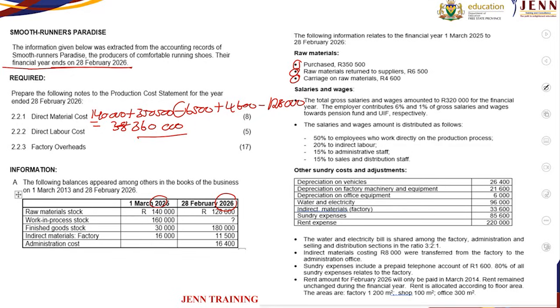Now, we need to move on to the next one, direct labor cost. For us to calculate the direct labor cost, we are going to go to information, bullet number salaries and wages, bullet number 2. It says there, the salaries and wages amount is distributed as follows. So these are the percentages on how we are going to divide our salaries.